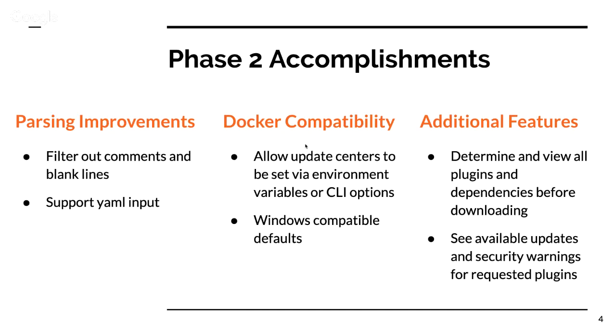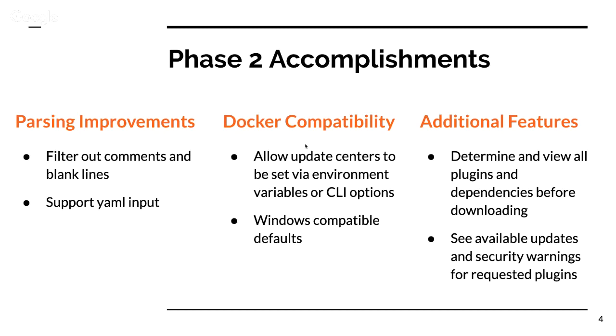The second area of things I've been working on is Docker compatibility. So in the initial phase, a lot of things were, for example, the update centers were hard coded in. And then in this coding phase, we've added support to get those either through the CLI or from environment variables, and then also adding Windows compatible defaults.